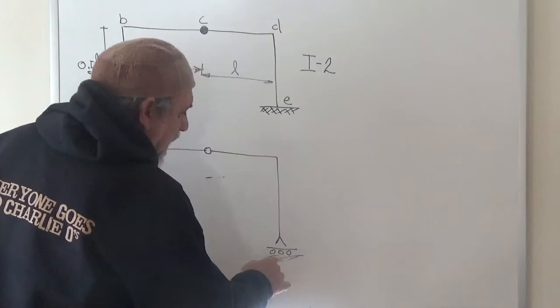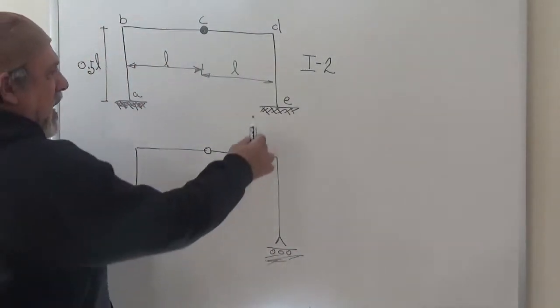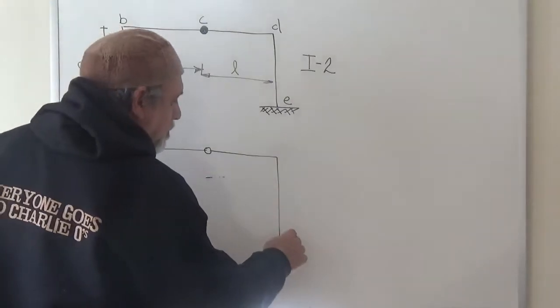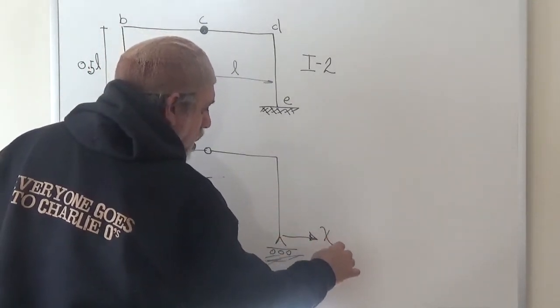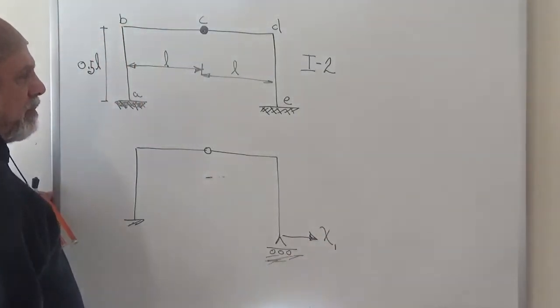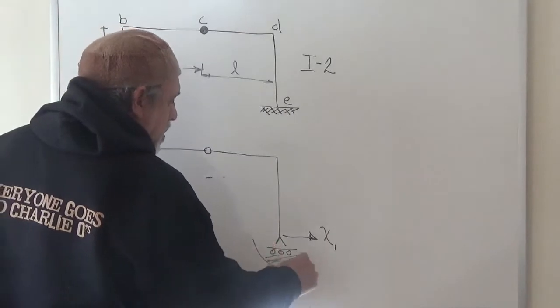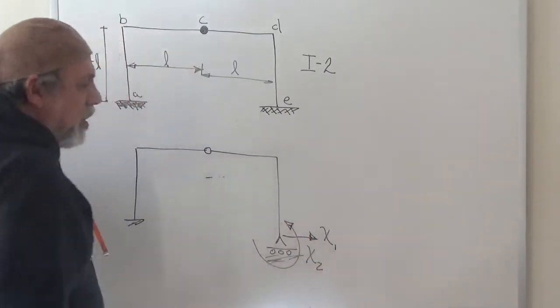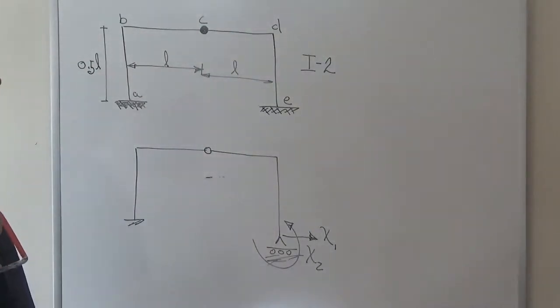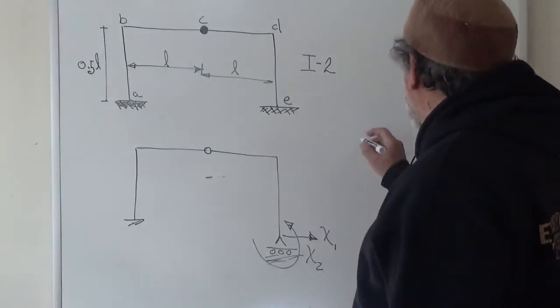When I go from a fixed end to that roller, I've eliminated the ability at this point to take a horizontal force, which I'll call my first redundant, and I've eliminated the possibility at this point to take a moment, which will be our second redundant.